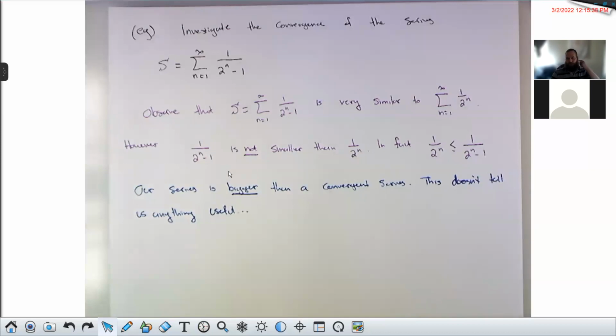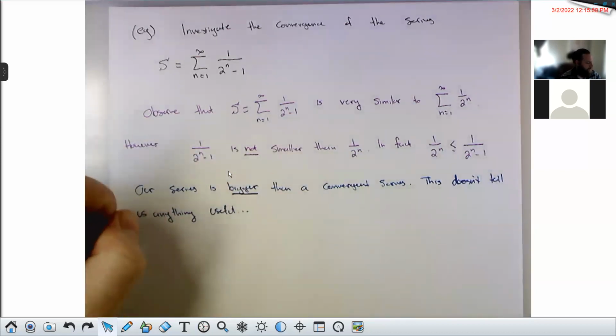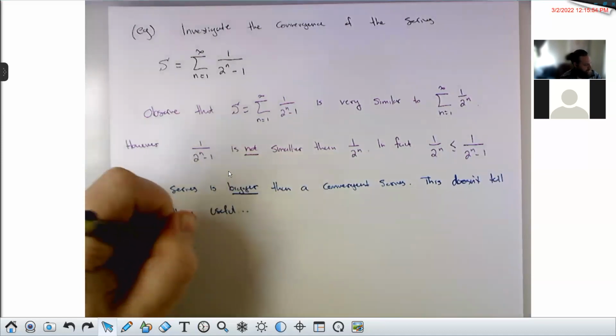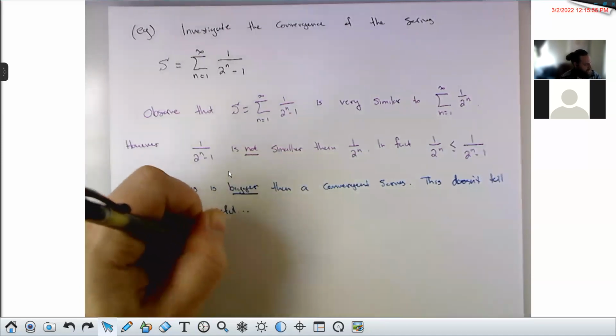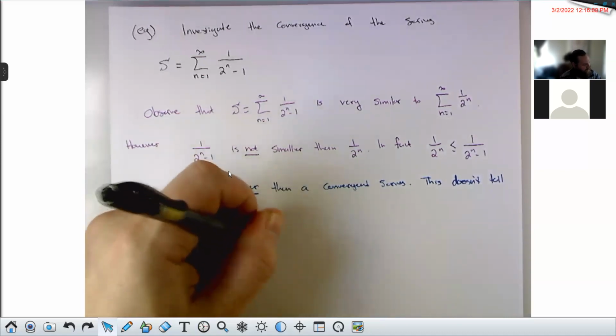Doesn't tell us anything useful. Which is why we have something else called the limit comparison test.